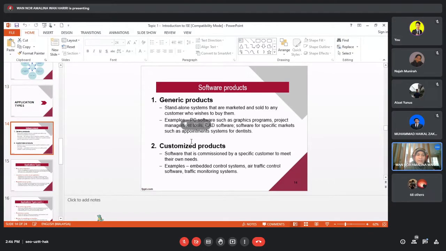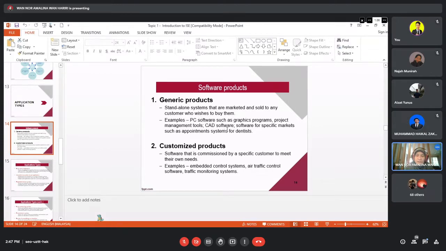Okay, so there are several, or we can generalize that into two. One is generic products, one is customized products. So generic products are standalone systems that are marketed and sold to any customer who wishes to buy them.